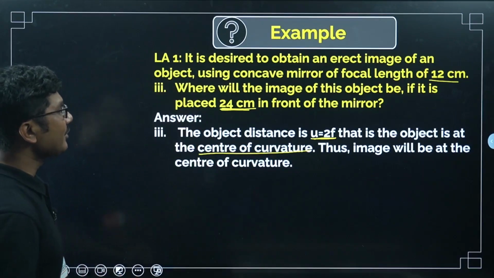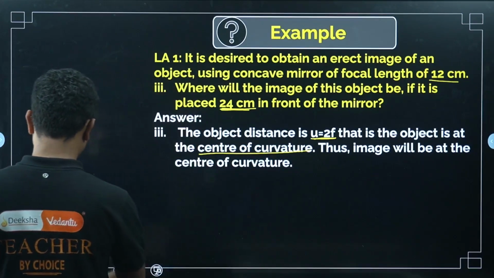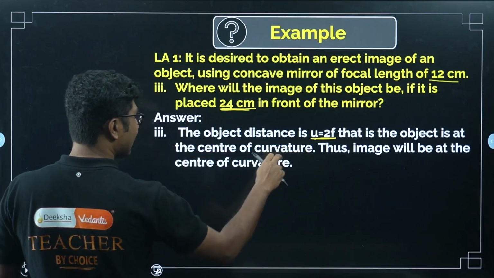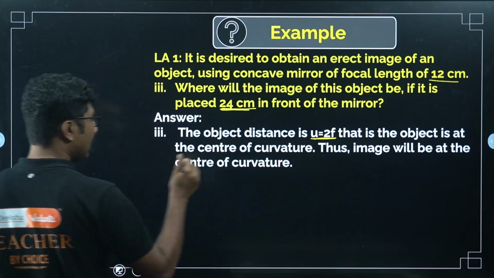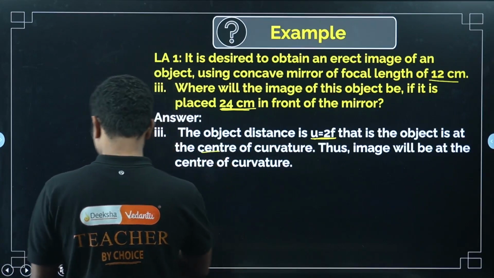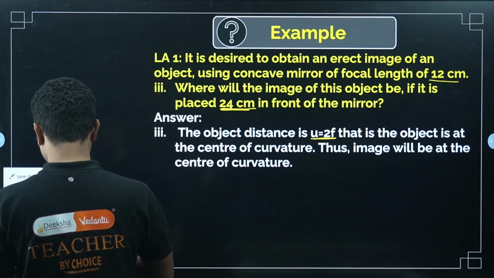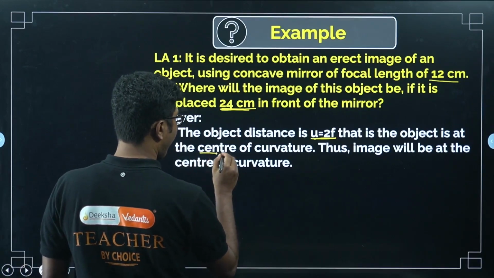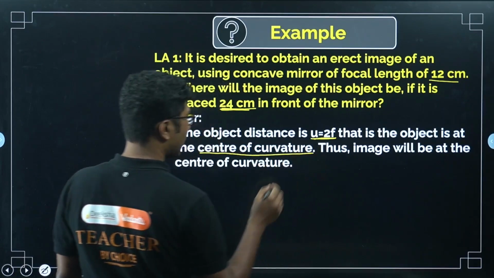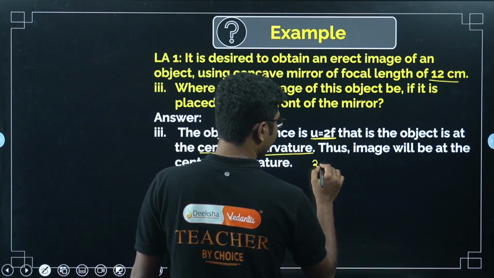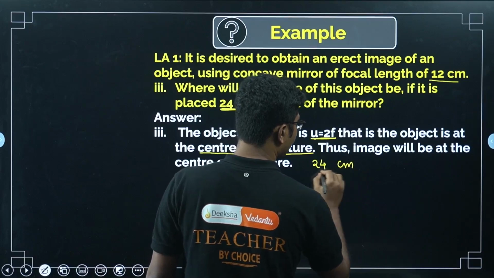Thus the image will be at the center of curvature itself, right? So we can say that the image will be at 24 centimeter itself. So the answer will be 24 centimeter.